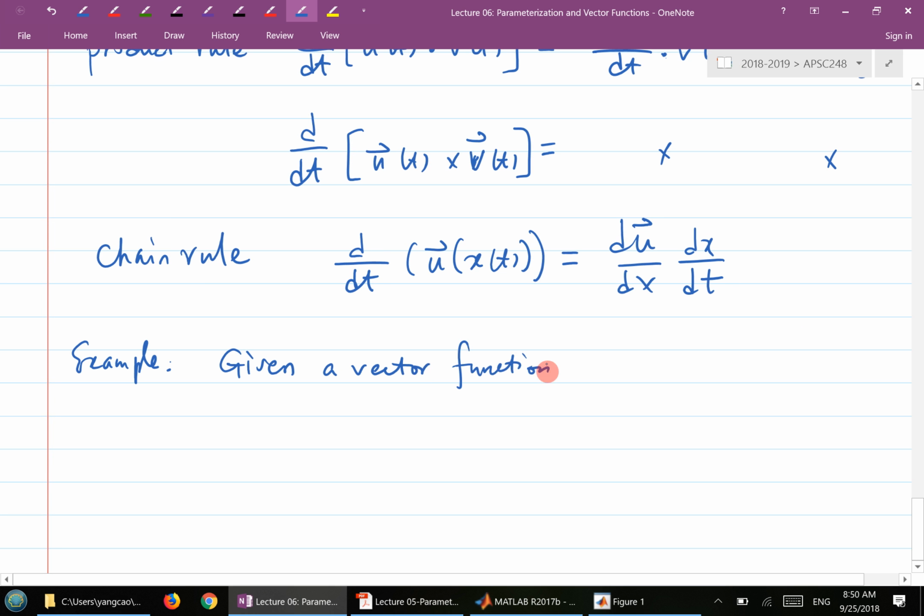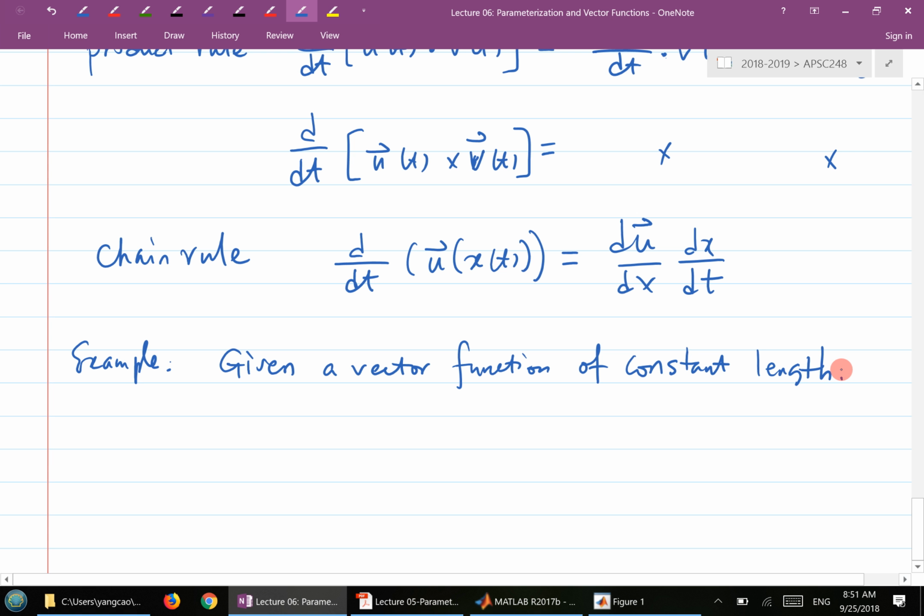Let's say we have a vector function. It's a special kind of vector function: it has a constant length. It's called a vector function, but fundamentally, it's a vector.